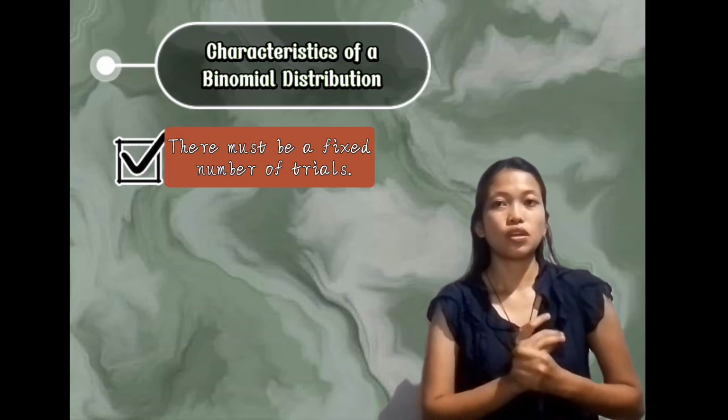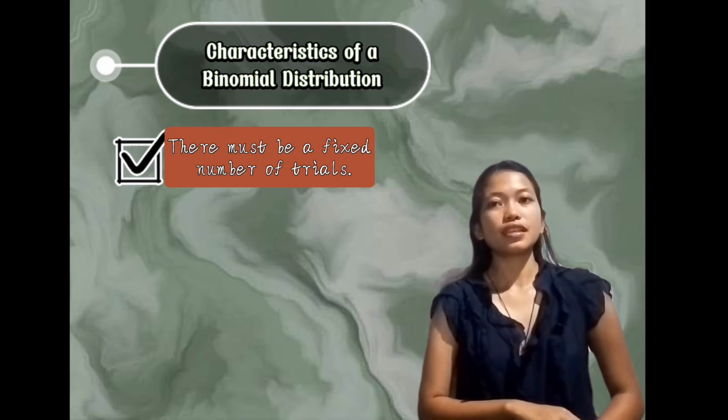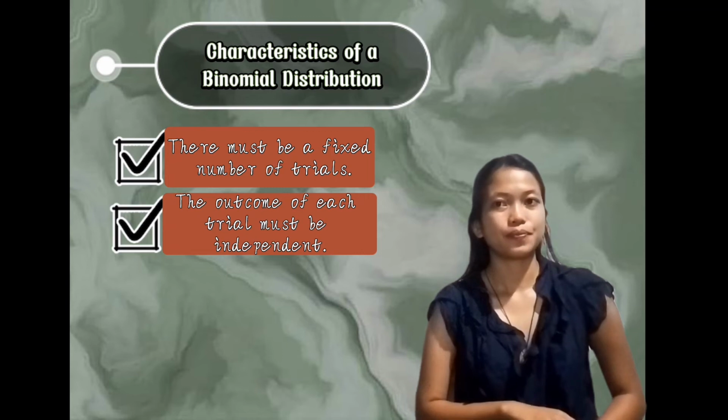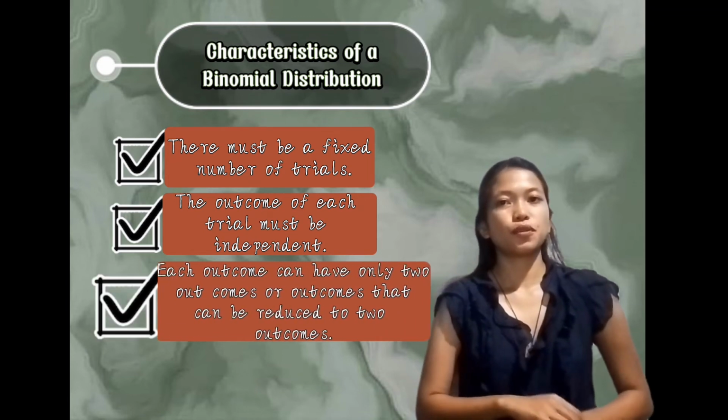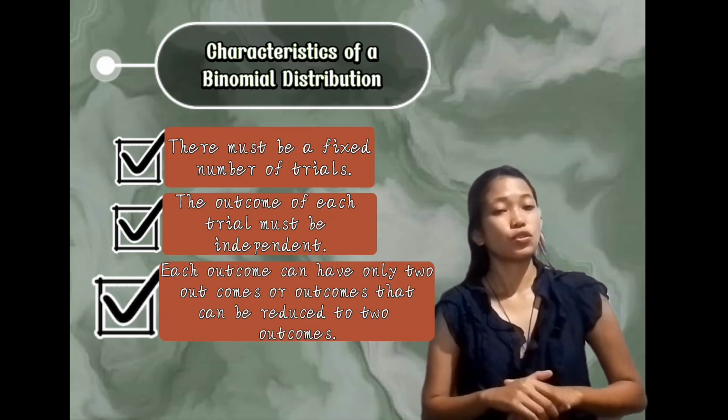Therefore, we should know the value of n, or the number of trials. Second, the outcome of each trial must be independent. Third, each experiment can have only two outcomes, or outcomes that can be reduced to two outcomes.